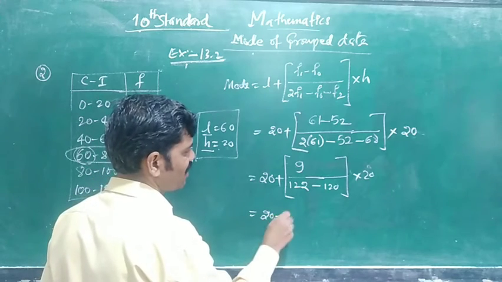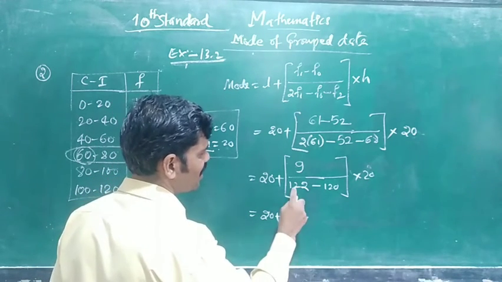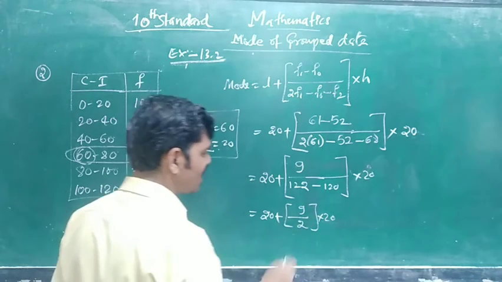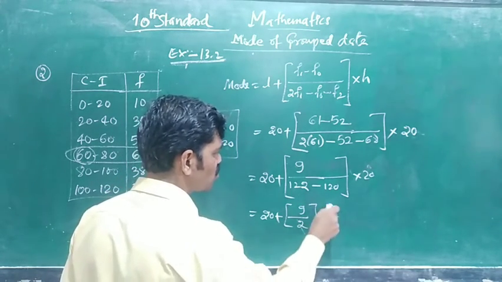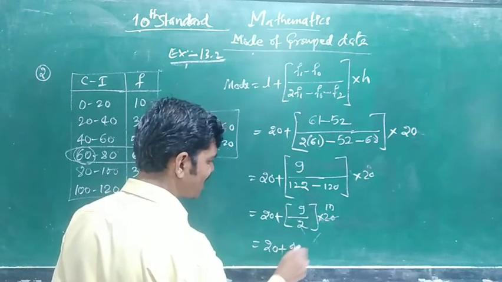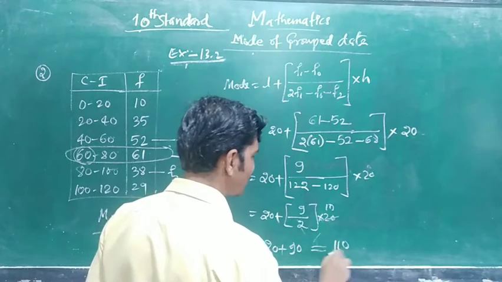So 60 plus 9 by 122 minus 120, that is 2, into 20. 9 into 10 is 90. That is equal to 110.